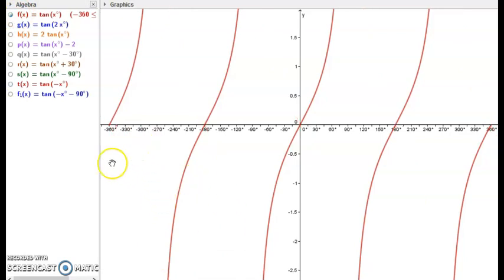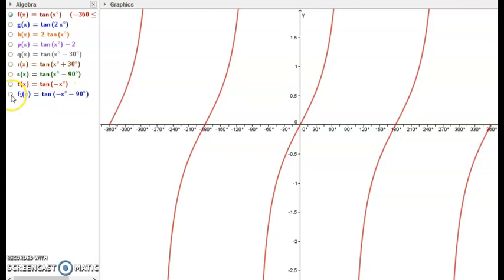Now, for purposes of enrichment, we look at tan of negative x minus 90 degrees. Remember when you worked with quadrants, tan of negative x will be in the 4th quadrant, minus 90 will take you to the 3rd quadrant, and because the angle is 90, it must change to the co-ratio, which is cot of x.